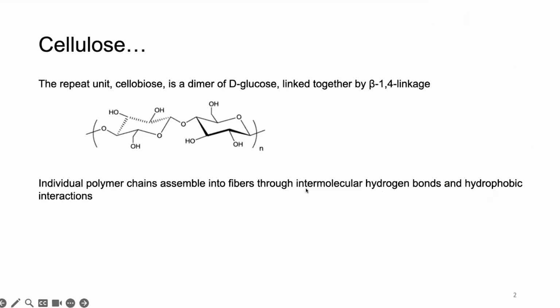Moving forward, cellulose is made out of a repeating unit called cellobiose, which is a dimer of D-glucose linked by beta-1,4 linkages. These polymer chains interact with each other, intermolecularly and intramolecularly, through hydrogen bonds and hydrophobic interactions.